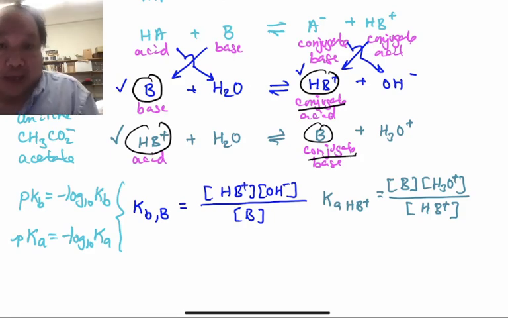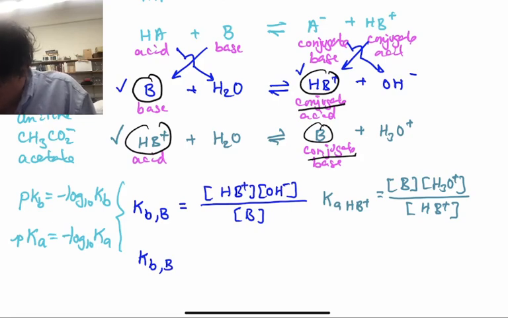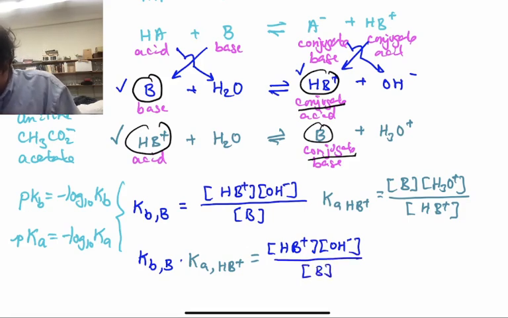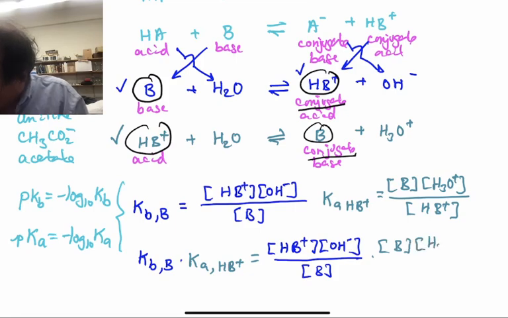And so now let's do some math. What we're going to do is take Kb of the base B and multiply it by the Ka of its conjugate, HB plus. We'll plug in the expressions on top: for Kb of the base B, HB plus times OH minus divided by B, and for the Ka of HB plus, copying from on top, B times H3O plus divided by HB plus.